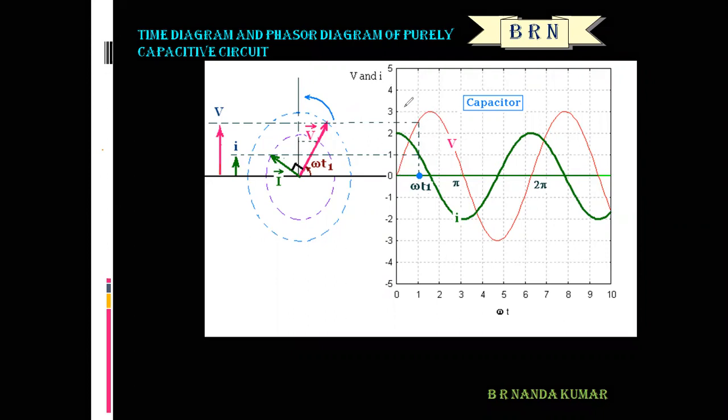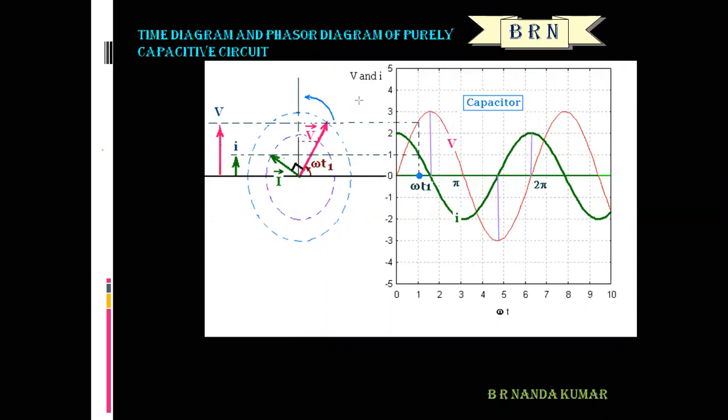This is 0, and this is at time t equal to T by 4. At this phase the time is T by 2, and here the time is 3T by 4, and here the time is capital T. That is the time period.